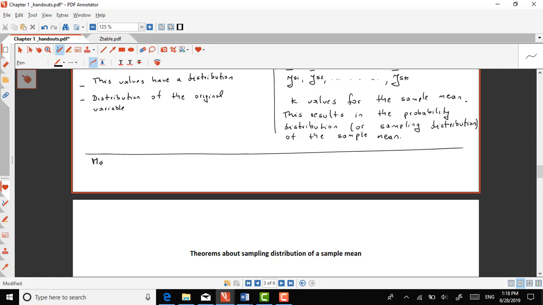So, main idea: all sample statistics, for example the sample mean and the sample variance, have sampling distributions.